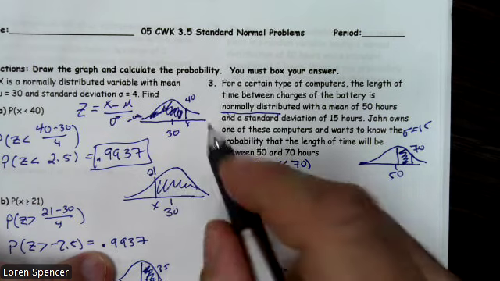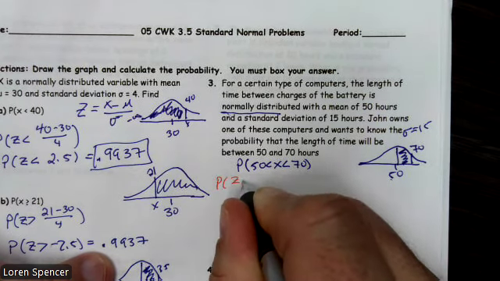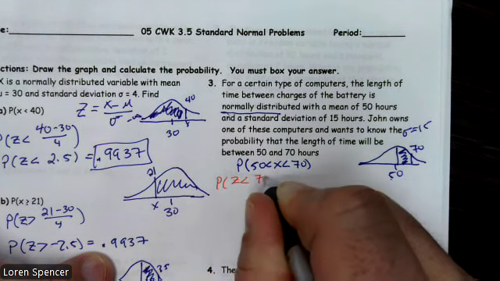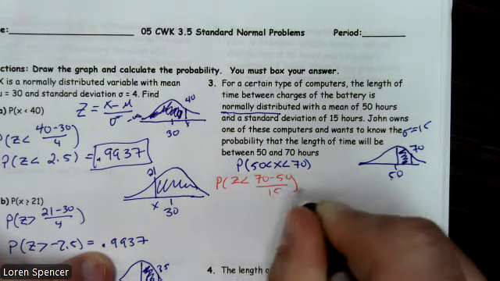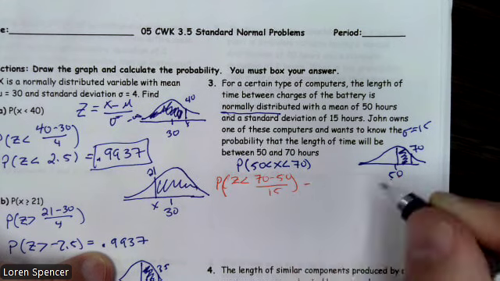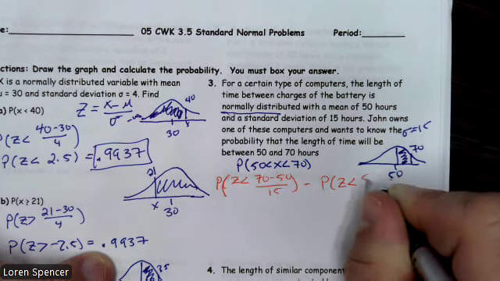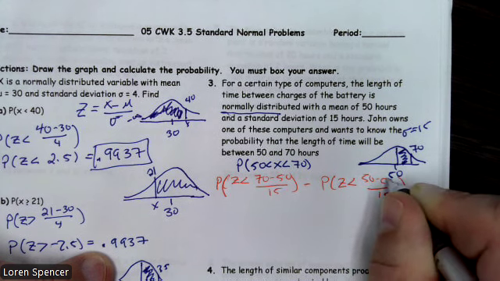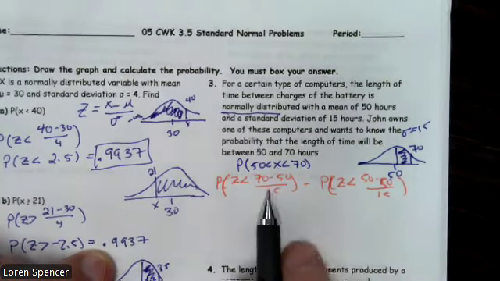So the probability that Z is less than 70 minus my mean of 50 divided by the standard deviation of 15, minus the probability that Z is less than 50 minus 50 over my standard deviation of 15. And I'm going to have to run 2 STAT TESTS Z-Tests.